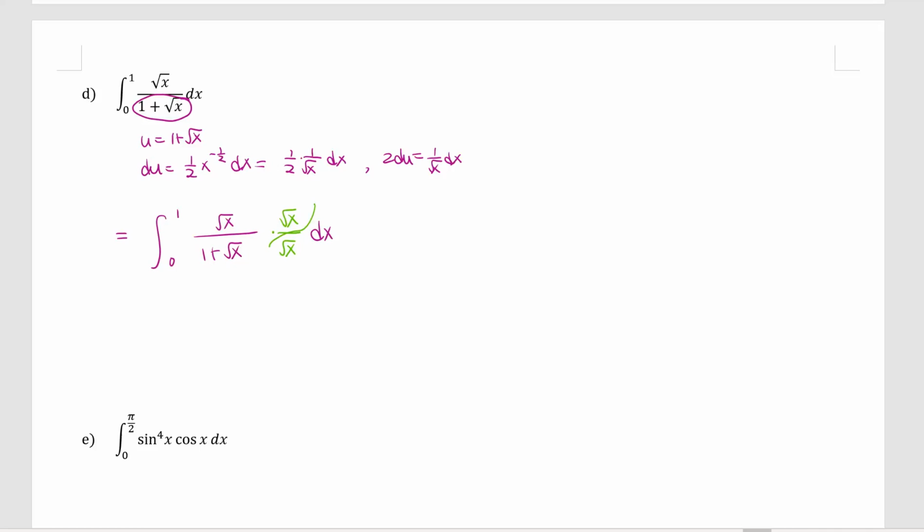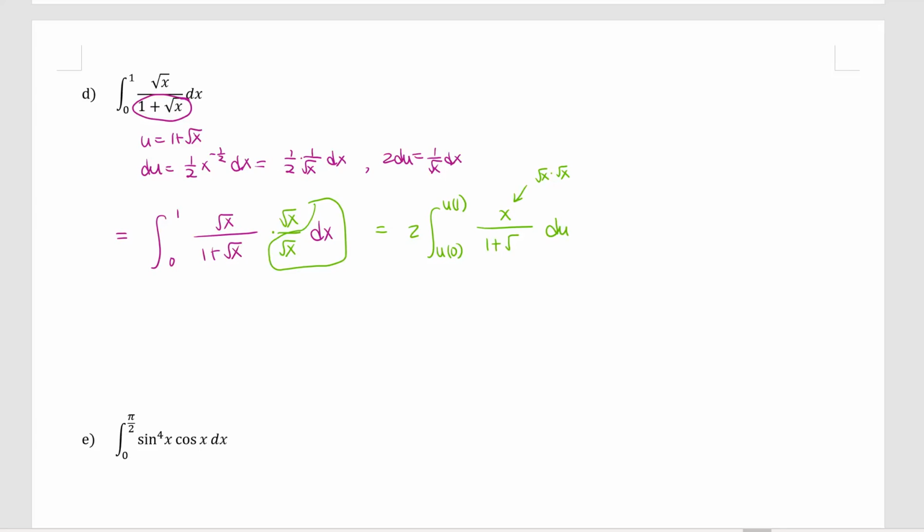Then this together will give us 2 du, okay? So now, we have u of 0, u of 1. dx over square root of x is 2 du. What's left? You can see square root of x and square root of x multiplied together will give us x.